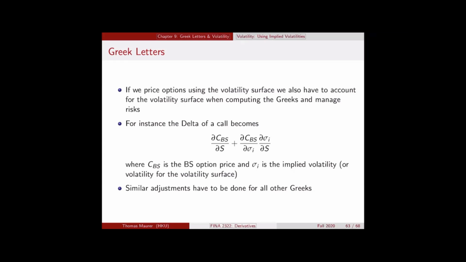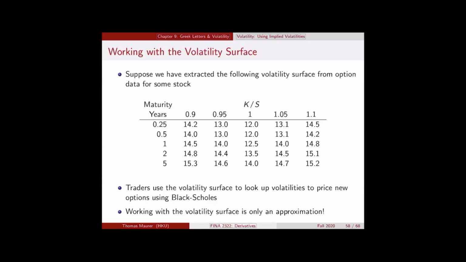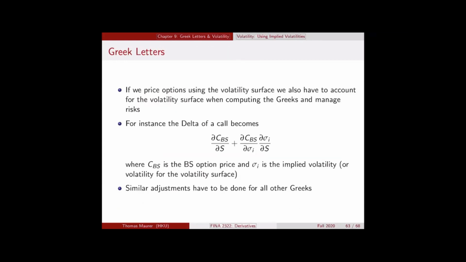So think about theta. Theta is the change in the call price as you move through time or get closer to maturity. Well, if you get closer to maturity, look again at the surface. That means that basically maturity gets shorter and the implied volatility is going to change. So therefore for theta we would have a very similar thing. We have just a partial derivative of the option price with respect to time. So that's the theta in the Black-Scholes formula.